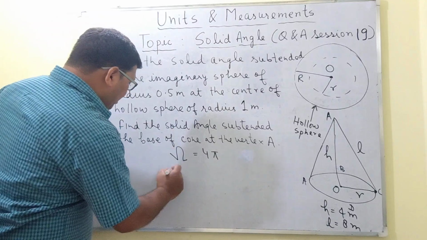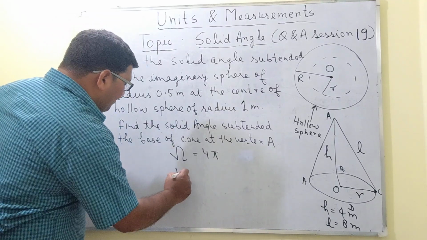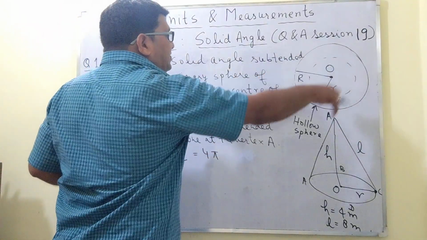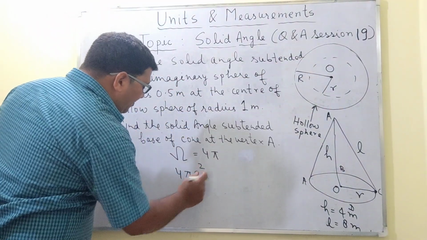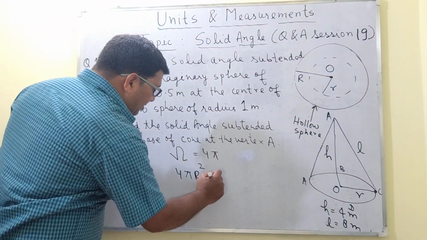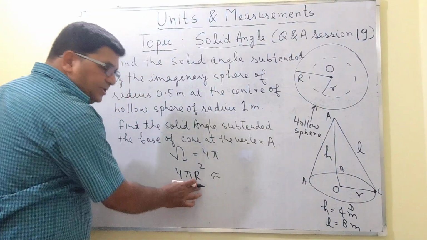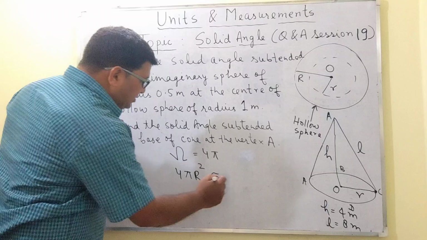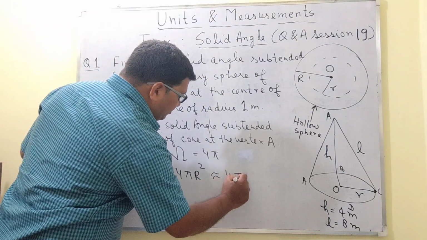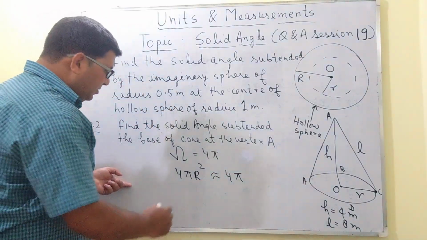So the solid angle which will be subtended by this imaginary sphere at this point O will be, or we can simply say that the surface area of the hollow sphere is 4 pi r square, and this corresponds to the solid angle of 4 pi steradian.